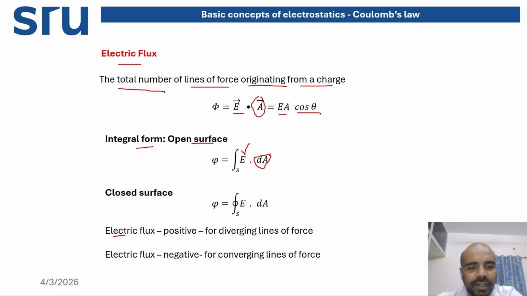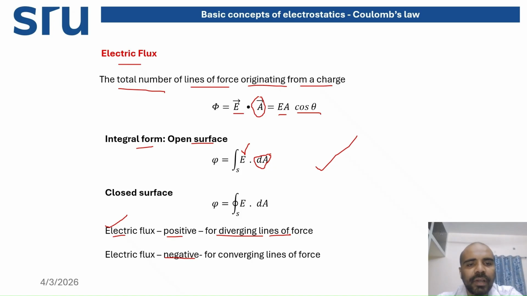So electric flux is positive for diverging lines of force, right? If the lines of force are diverging, then the electric flux is positive in nature. Whereas if the lines of force are converging, then the electric flux is negative in nature. So hope it is clear now, right?